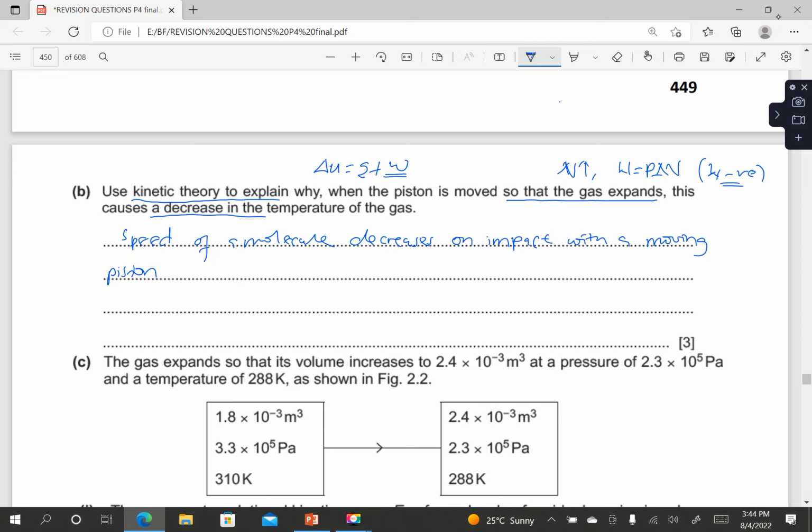The piston is moving away, but the molecules, which are moving randomly, collide with the moving piston. So the speed of a molecule decreases when it collides with the moving piston. When the speed decreases, the kinetic energy also decreases. The average speed is directly proportional to the average kinetic energy of the molecules.